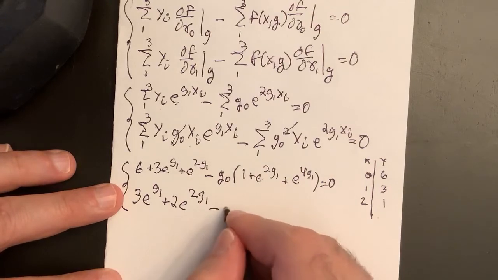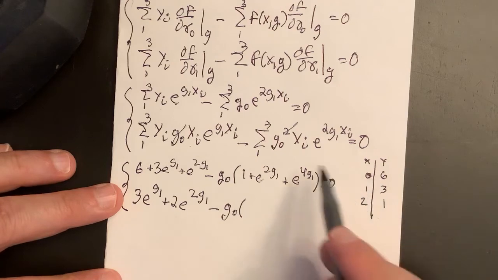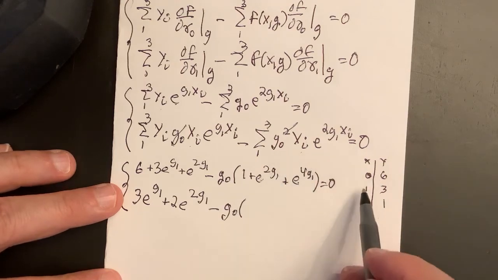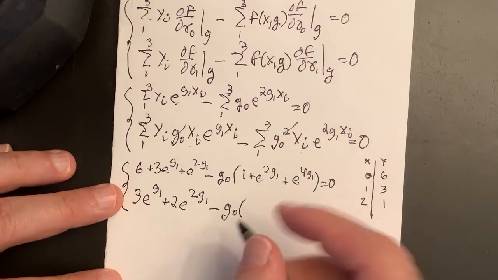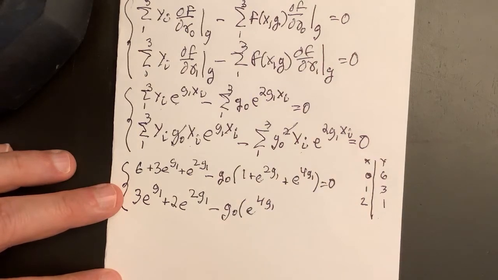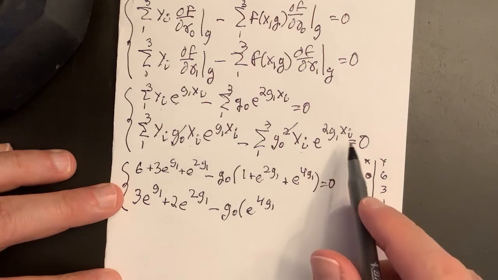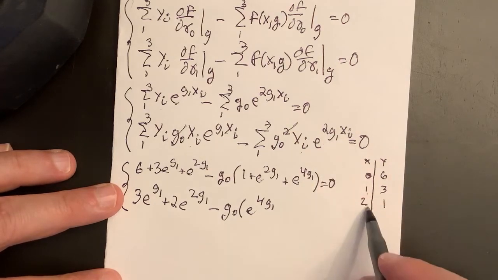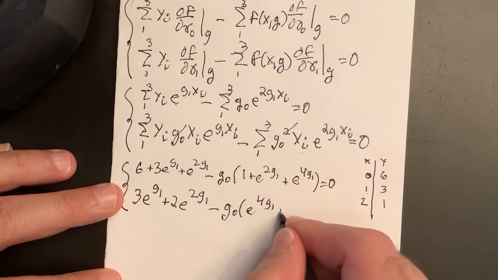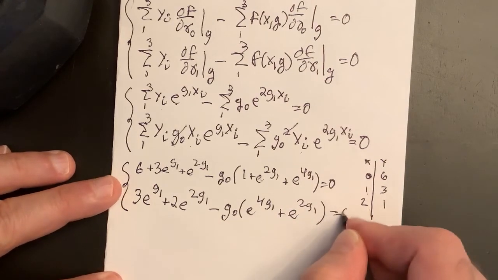And now I have minus a single g0, and I go one at a time. When I put x0 in, I get 0. Put x1 in, I get e to the 2g1. And when I put x2 in, I get e to the 4g1. So plus e to the 2g1. This should be in the other order, but equals 0.